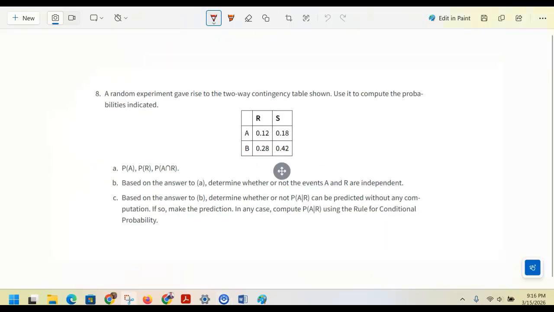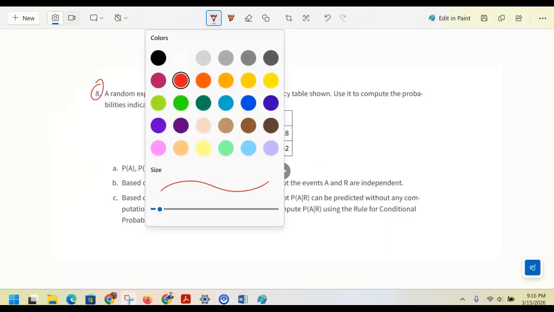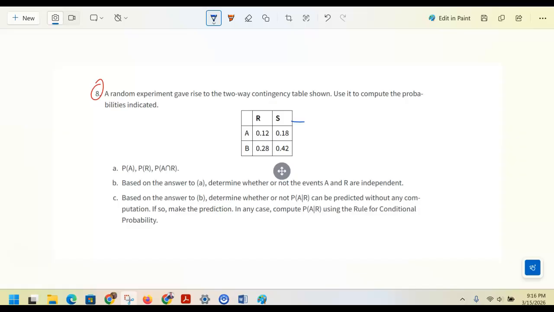So question number 8 is, you are given a two-way table, two rows and 2 columns. So in this experiment, it is a two-way contingency table. Use the probabilities. All the probabilities are given.